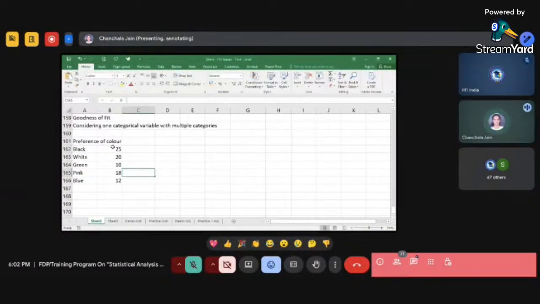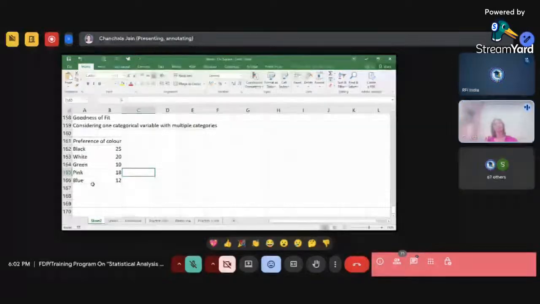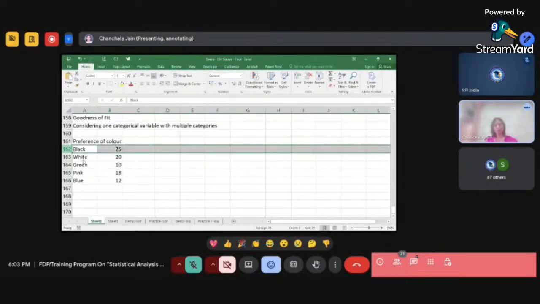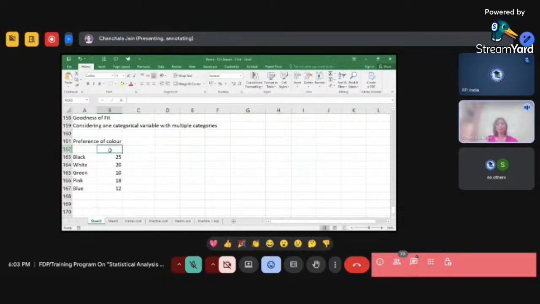The purpose in goodness of fit is to see whether this count is equally distributed across all 5 categories or not. I'll enter one more row. This is the observed frequency: how many people like black, white, and the other colors.